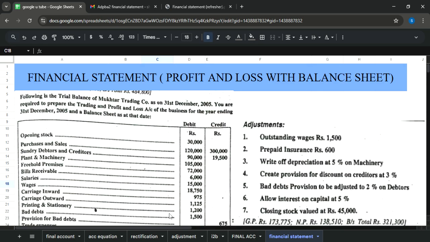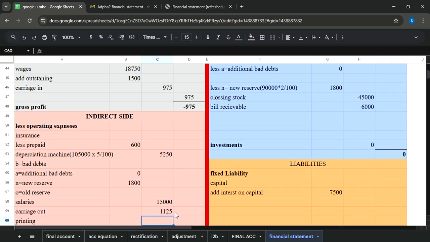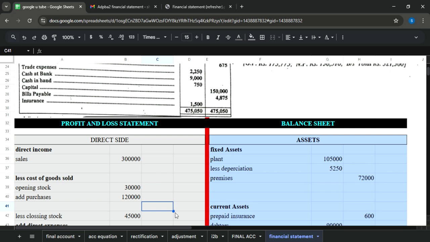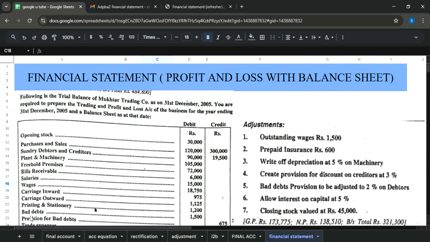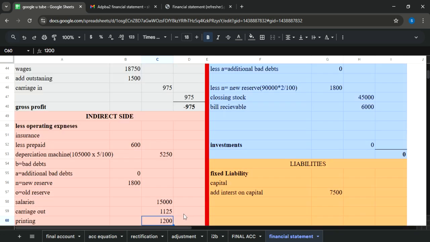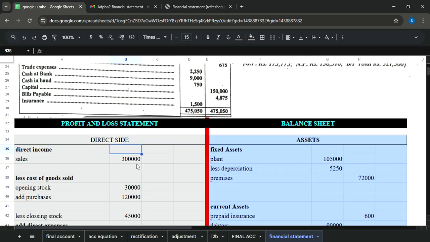Amount of printing is 1200. Alright guys, now after printing we have bad debts, and amount of bad debt is 1500. This is already mentioned, so here you will be writing 1500 bad debts.